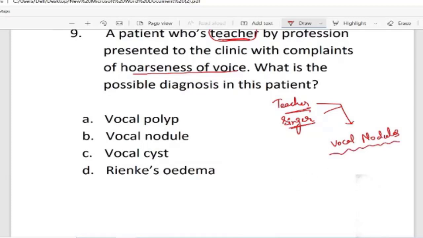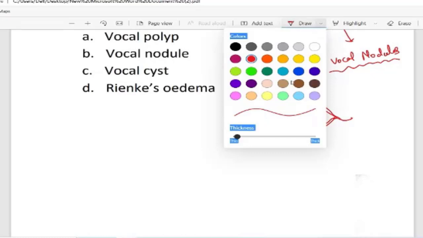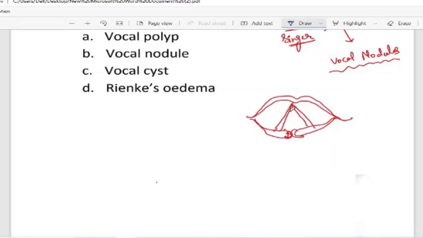What are vocal nodules? This is a rough diagram. This is my epiglottis. Vocal nodules are tiny nodules present at the junction of the anterior 1/3 and posterior 2/3.